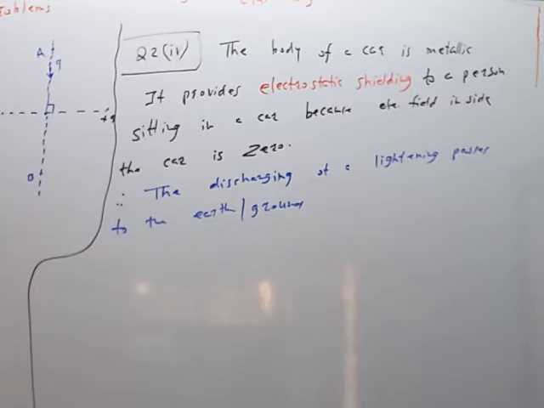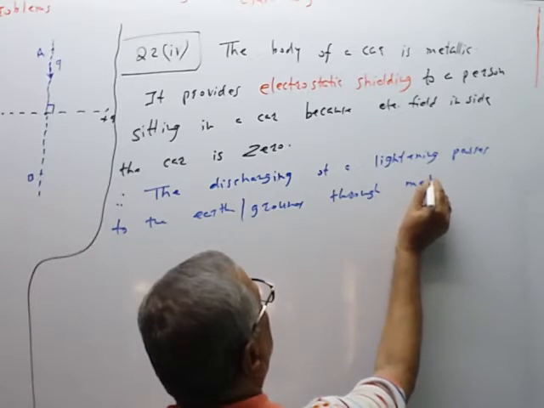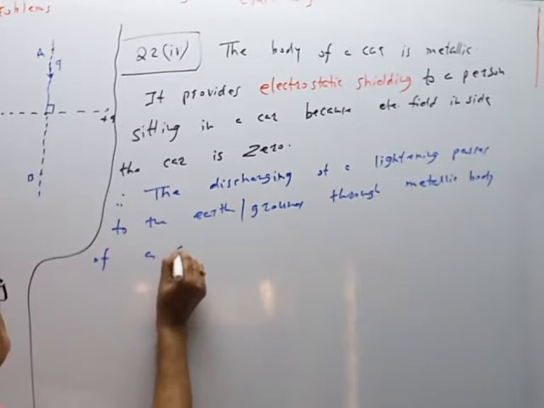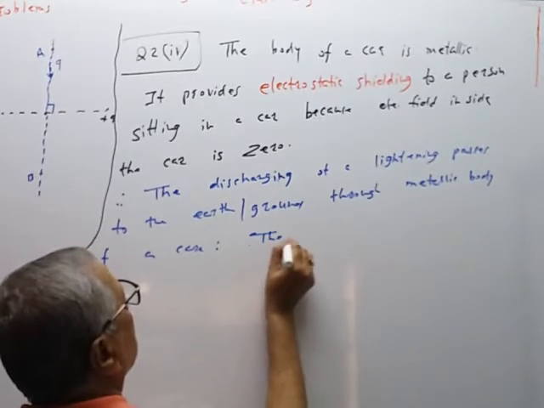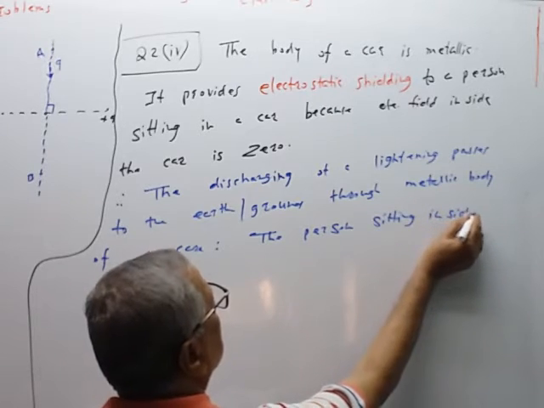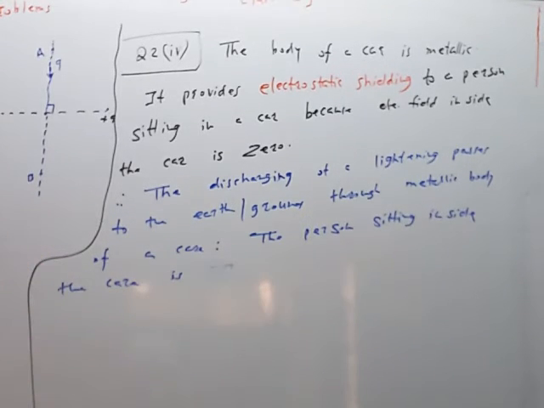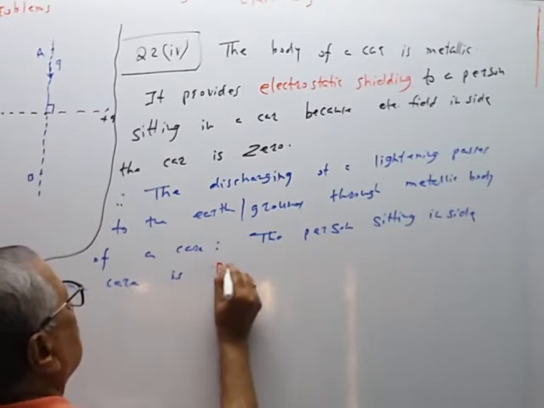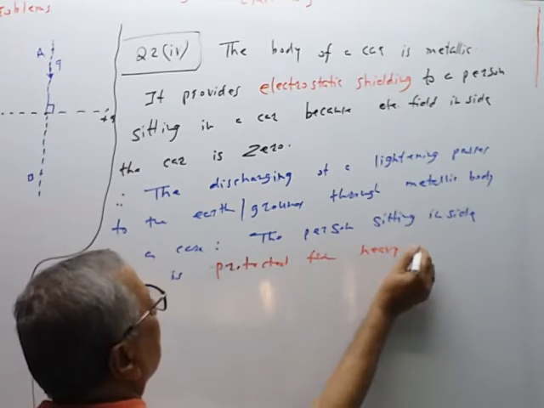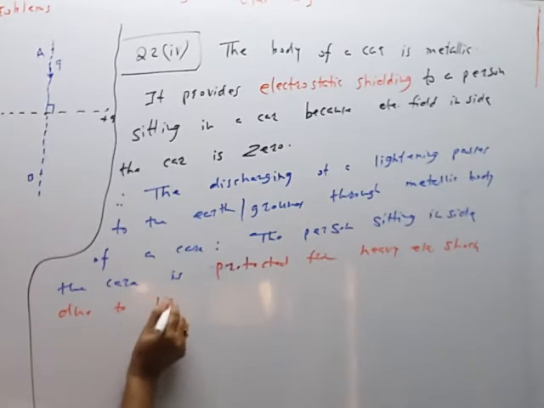The discharging of the lightning passes to the earth or ground through the metallic body of a car, and therefore the person sitting inside the car is protected from heavy electric shock due to lightning.